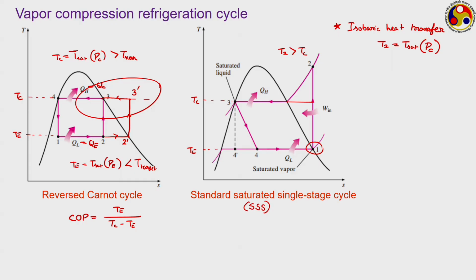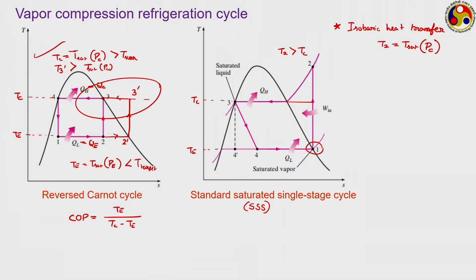Because if we compare with the Carnot cycle notation, there we wrote this when our entire process was restricted in the saturation dome, but once the process goes outside the saturation dome, then this T3 prime is greater than Tc, or I should say it is greater than T sat corresponding to Pc.